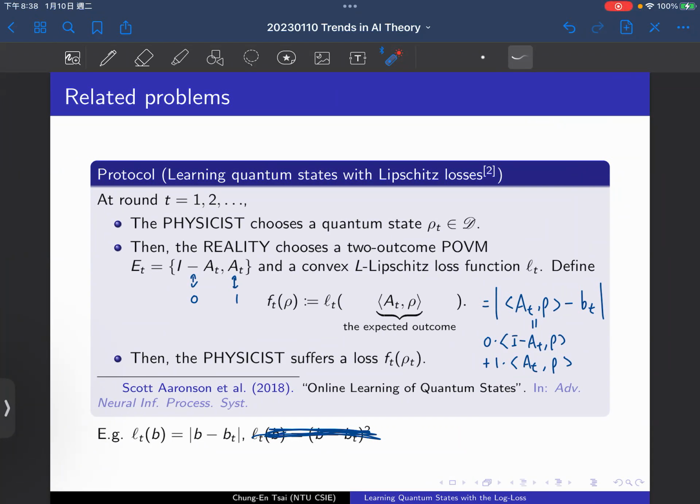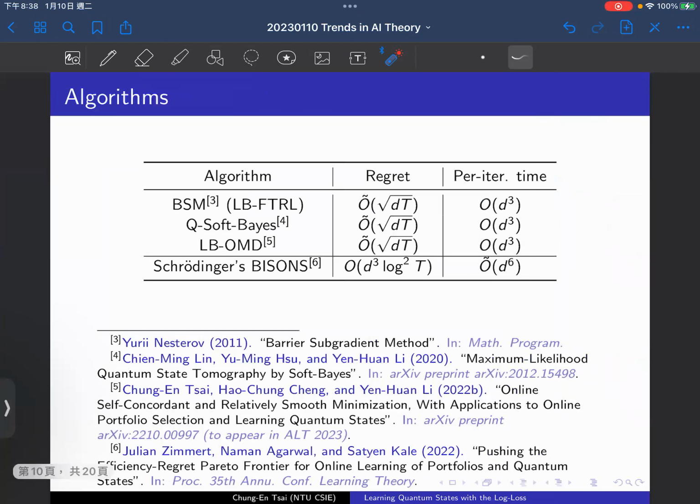Okay, so as far as we know, there are 4 algorithms that are applicable to learning quantum states with the log loss. The first 3 algorithms all enjoy square root of T regret, and the per iteration time complexity is D to the 3.